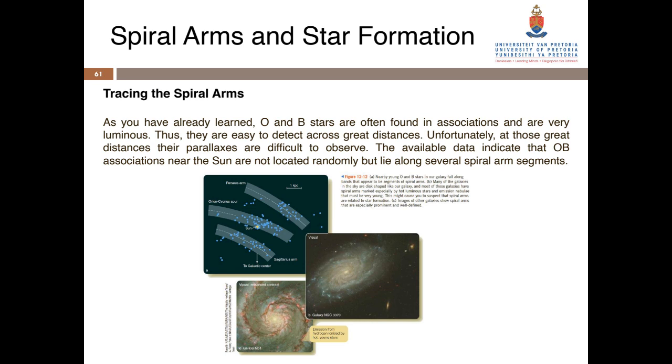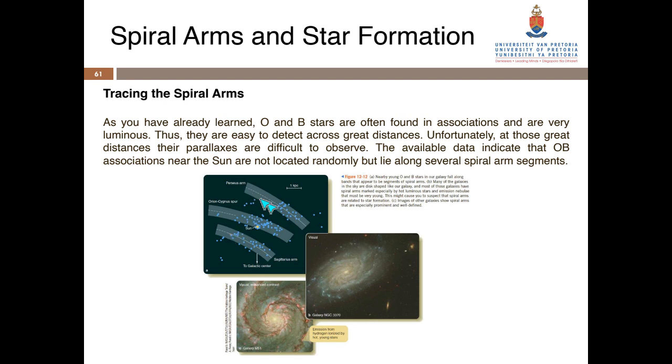If we look here at figure 12.12, in image A, we can see nearby young OB stars in our galaxy fall along bands that appear to be segments of spiral arms. So these are different spiral arms in our galaxy.